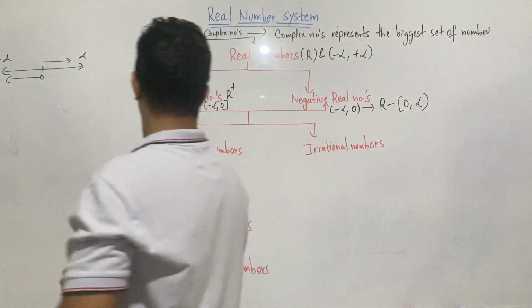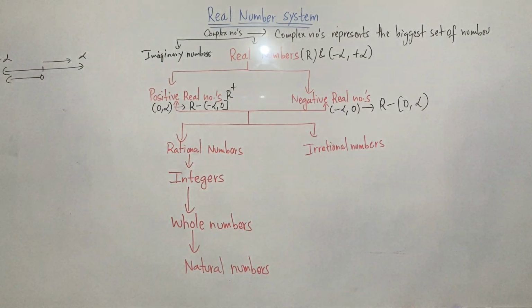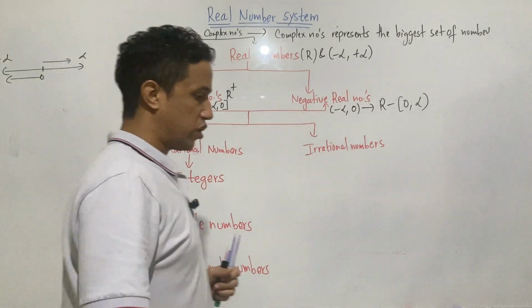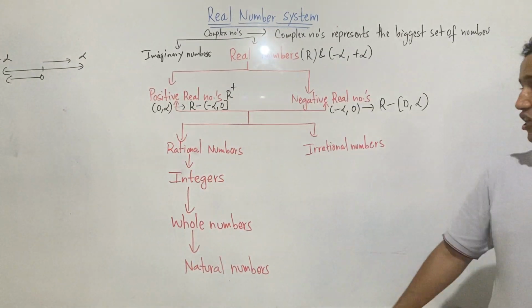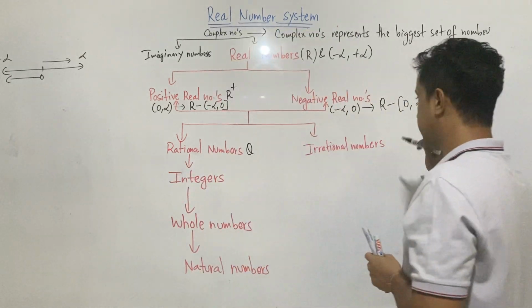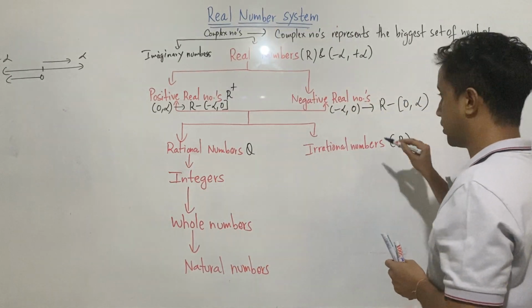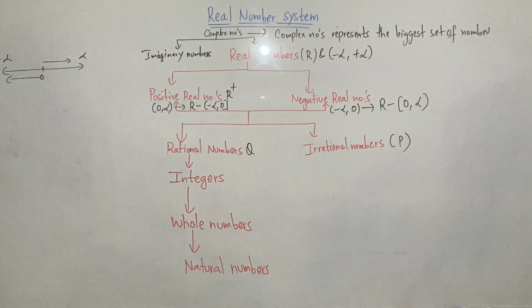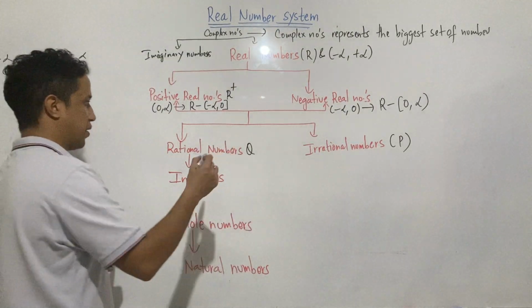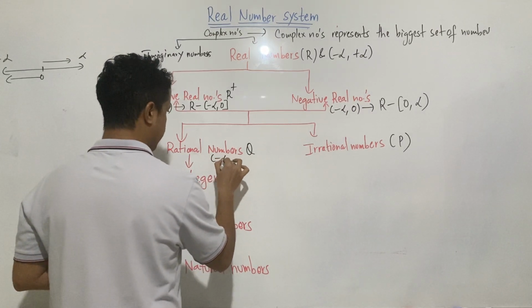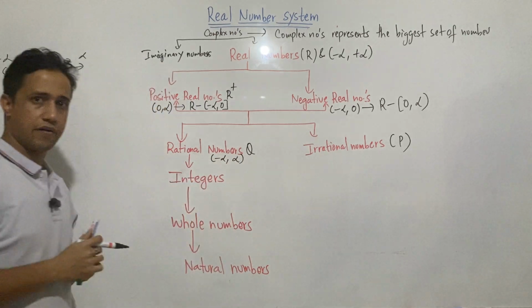Then rational numbers. What do we use to represent the rational numbers? Q, right? Q. And irrational numbers we represent by P. Again, for rational numbers, the domain goes from minus infinity to infinity, right?